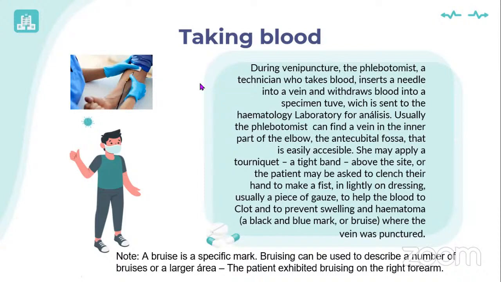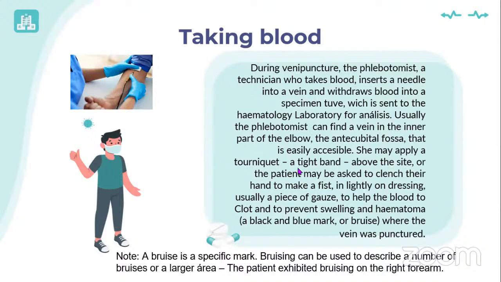Usually, the phlebotomist can find a vein in the inner part of the elbow, the antecubital fossa, that is easily accessible. She may apply a tourniquet, that is a tight band, right? I don't know if we have it in this image. Well, we don't. Or yes, maybe this one. No, it's not.